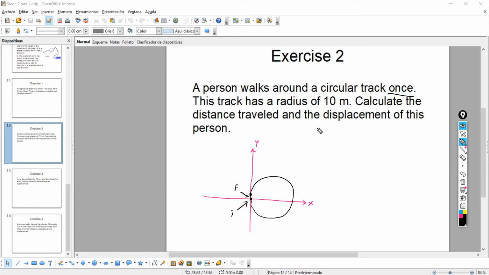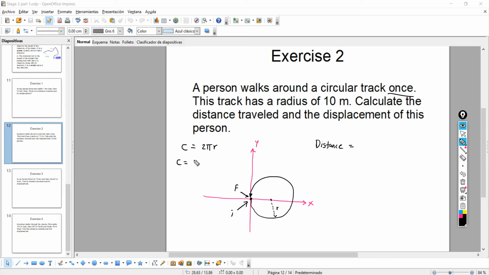Okay, so how can we calculate the distance traveled? What would be the distance traveled by this person? Well, basically it's going to be the circumference or the perimeter of this circle, right? And we know that the circle has a radius of 10 meters. So this is the center of the circle, this is the radius, and we know that this is 10 meters. If you remember, the formula for getting the circumference of a circle is 2 pi r, and r is the radius of such circle.